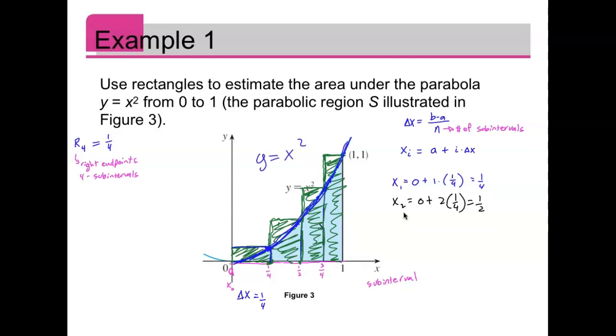So to get the y value, which is what I want, I plug in the x value and square it, right? So what's the height of this first rectangle? That's 1/4. What happens when you square it? 1/16, right? 1/4 squared is 1/16. So that first rectangle, base is 1/4, height is 1/16. There we go. I've covered this area.